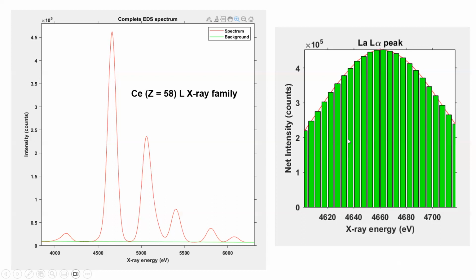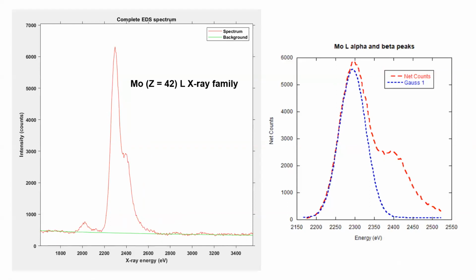All we have to do is sum up each of these values under the peak, and that gives us the net counts for the peak. Mathematically, it's not terribly involved to compute the net counts for an idealized sample like this. But let's consider what happens if we have something less idealized.